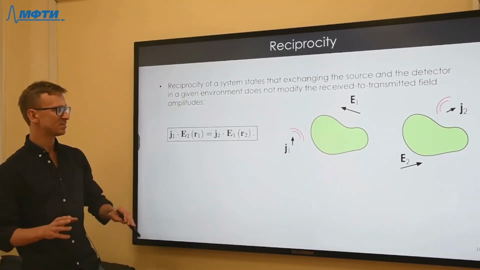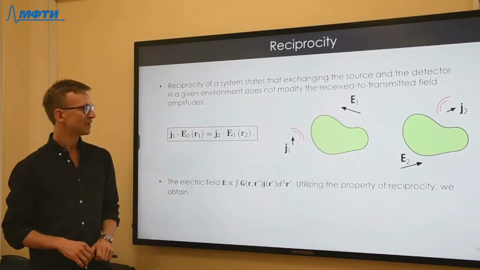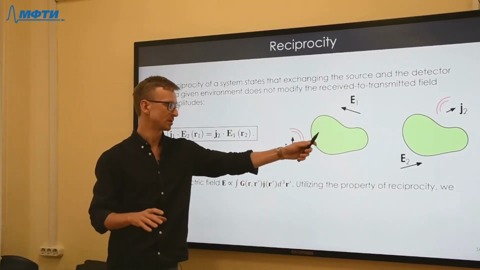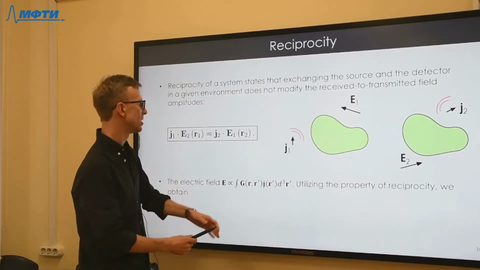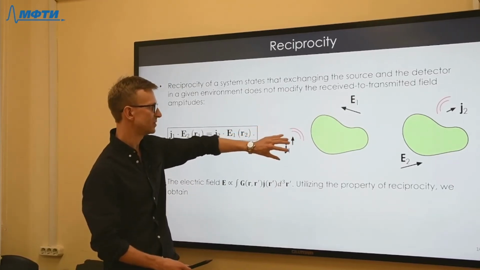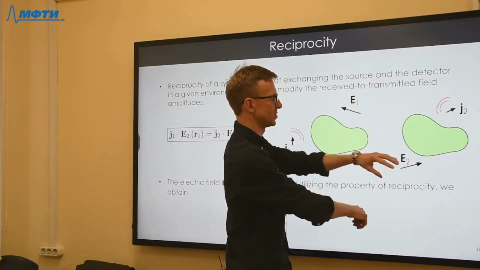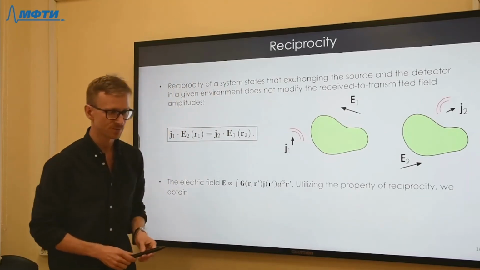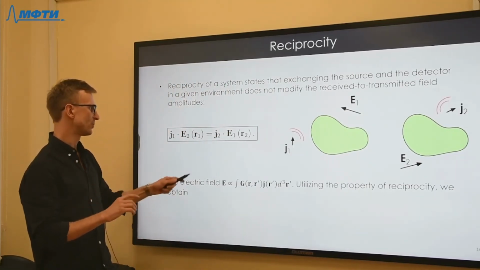So loosely speaking, very loosely speaking, the reciprocity says that you can exchange the source and the detector. Let's say here you have the source and here you have the detector, and you measure how effectively the field of this source is projected into the detector. And here you replace their positions, you flip their positions. You have the source here and the detector here. And reciprocity says that by flipping the source and the detector, the ratio of amplitudes doesn't change.